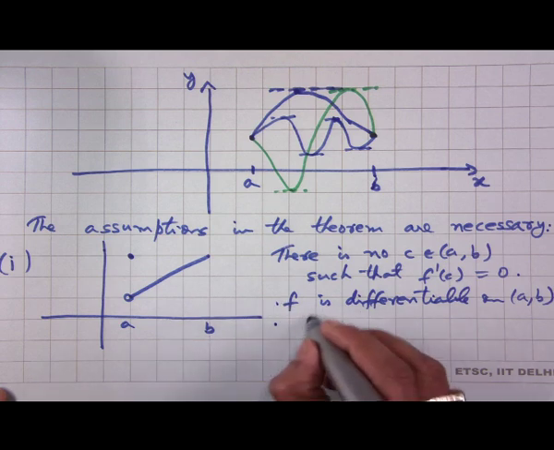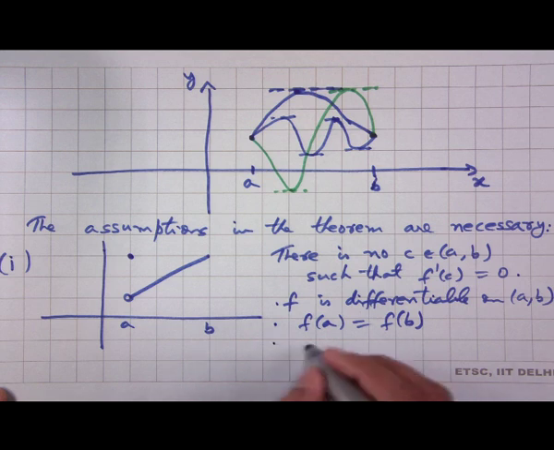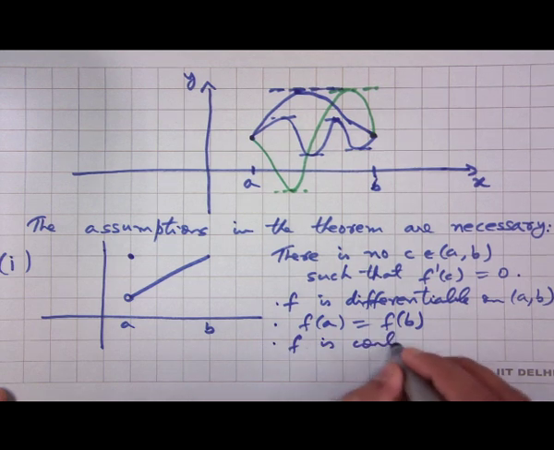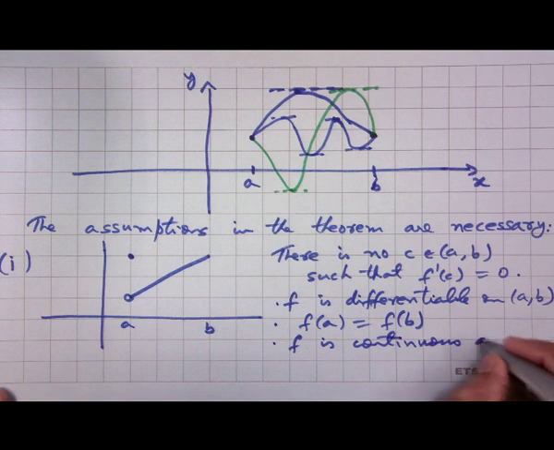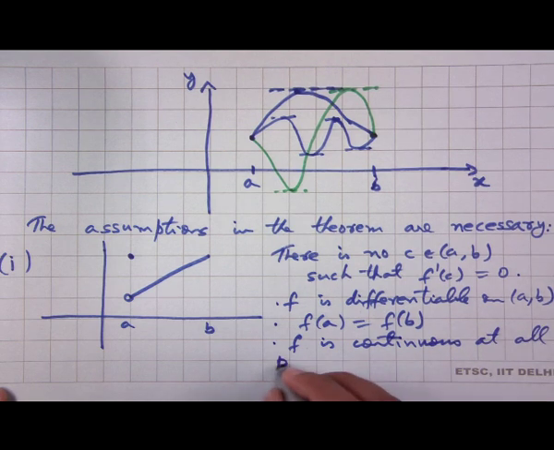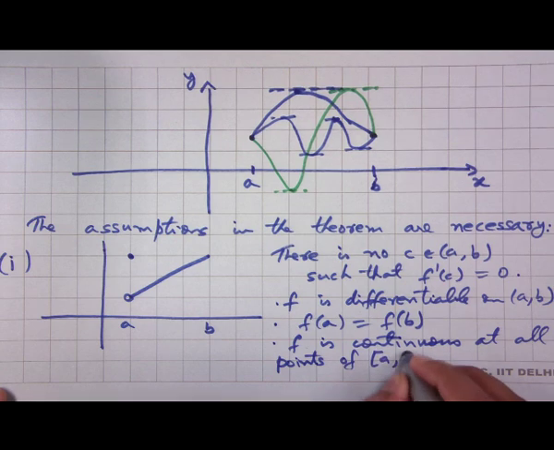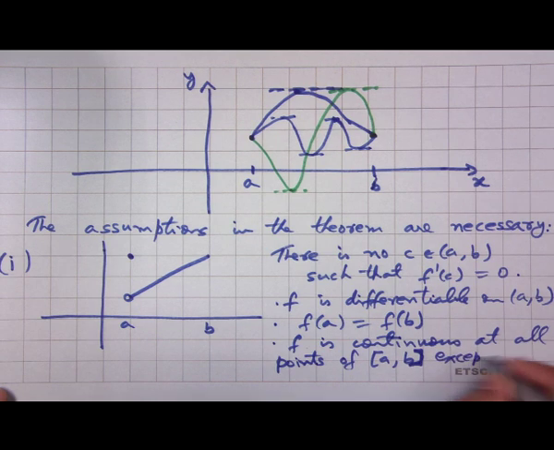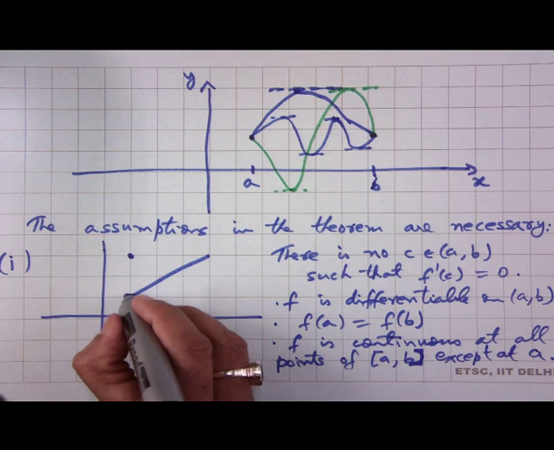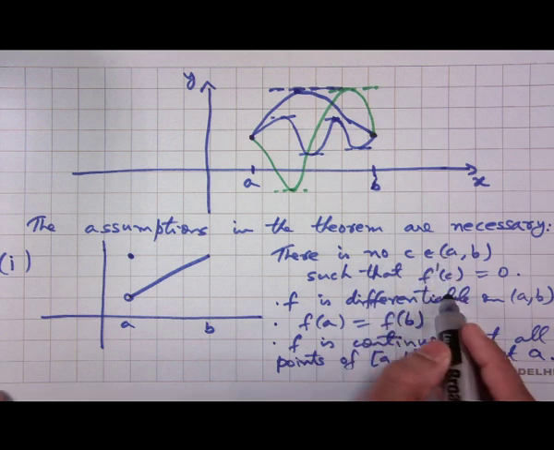f of A is equal to f of B. f is continuous at all points of [A, B] except at A. So, even if it fails to be continuous at one of the end points, then there need not be any C where f prime of C is equal to 0.